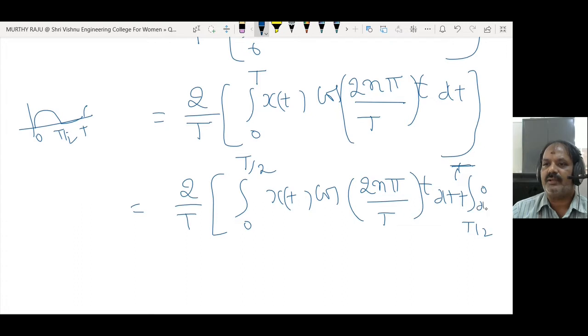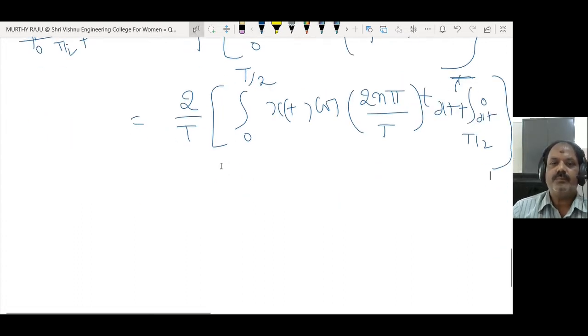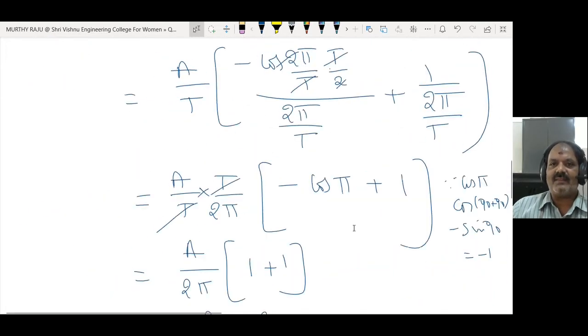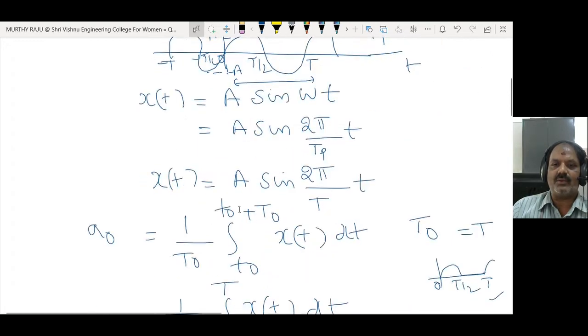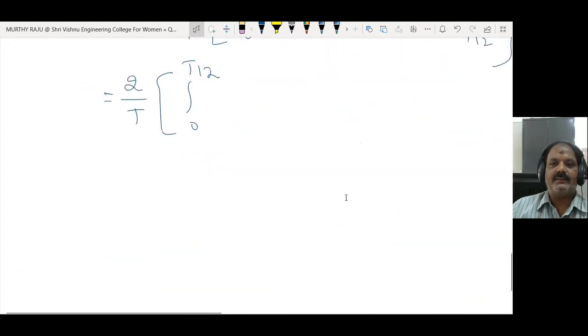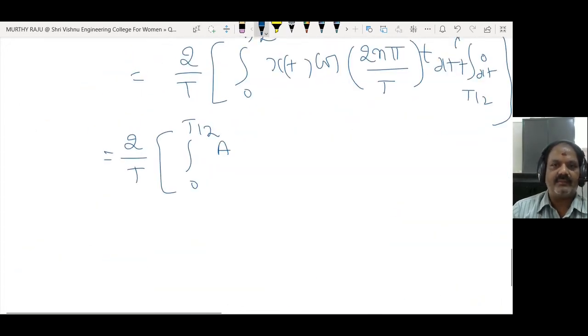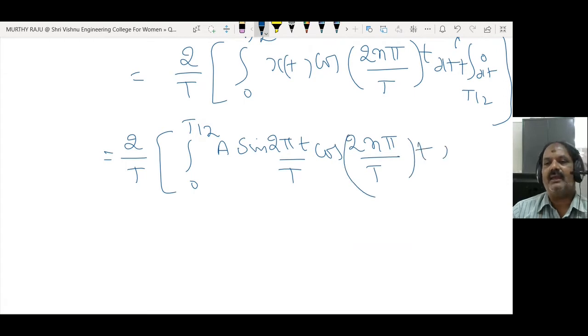Substitute 0 there. That is equal to 2 by T integral 0 to T by 2, where x of t is equal to A sin 2 pi t by capital T, times cos 2n pi by capital T t.